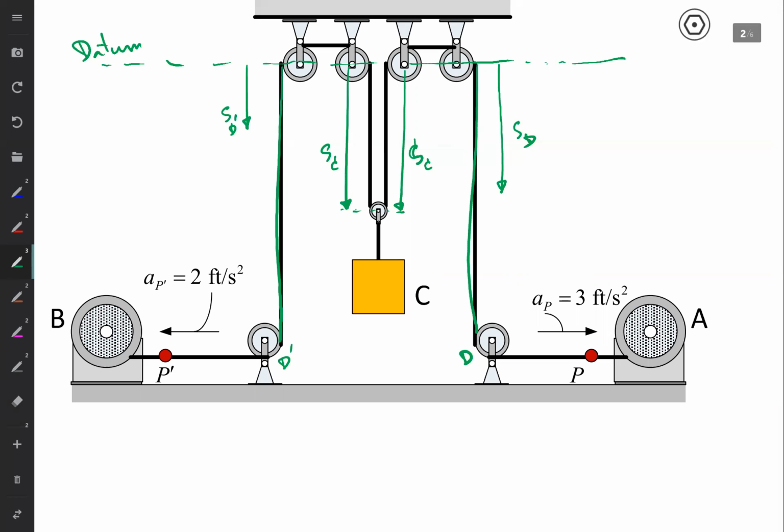So SD and SD prime still have the same length according to this picture.